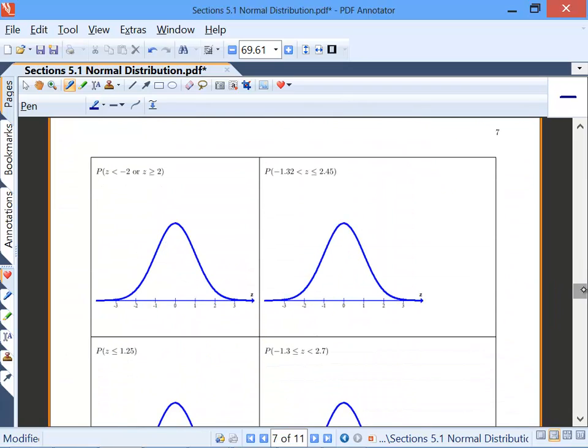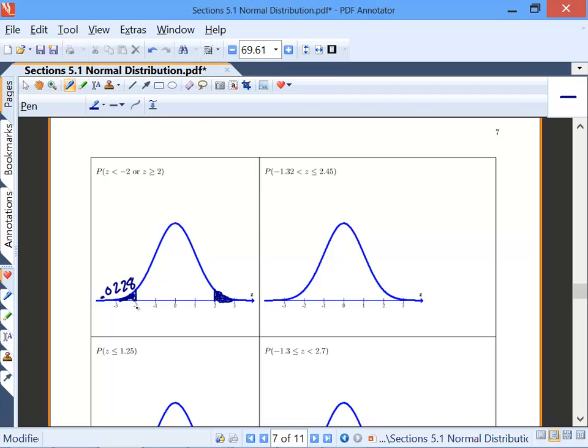Okay. So this next one, I want the probability that z is less than negative 2, or z is greater than or equal to 2. Okay, what do you think we should do with that? Find each of the probabilities and then do what with them? Add them together? Okay, so if I look at my negative 2, I get 0.0228.